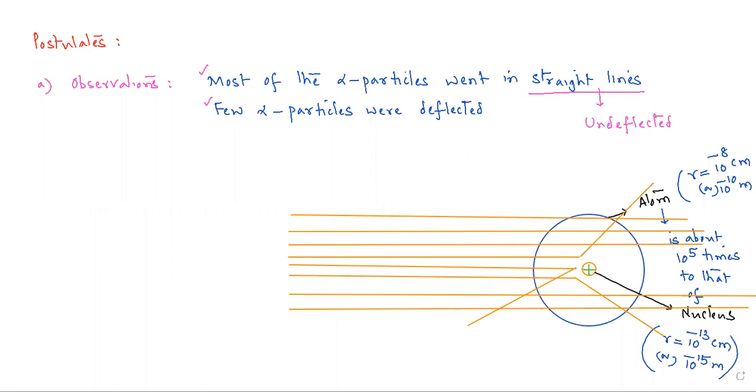So simple things can be given as the first one. Most of the atom is empty, right? That is the reason why the alpha particles went in straight lines. Otherwise, they would have deflected. But most of them went in straight line.